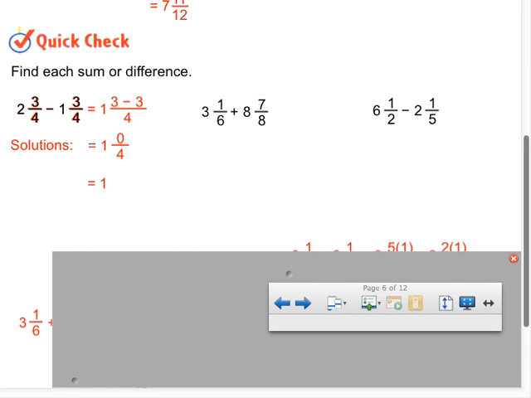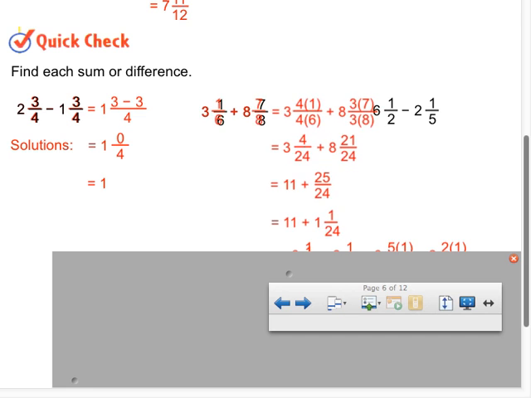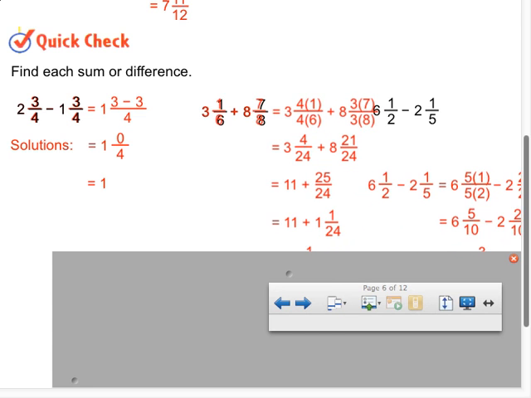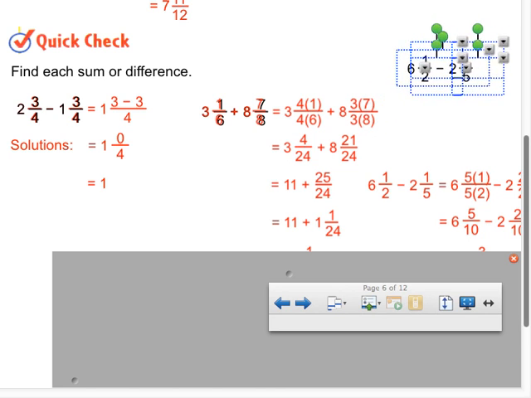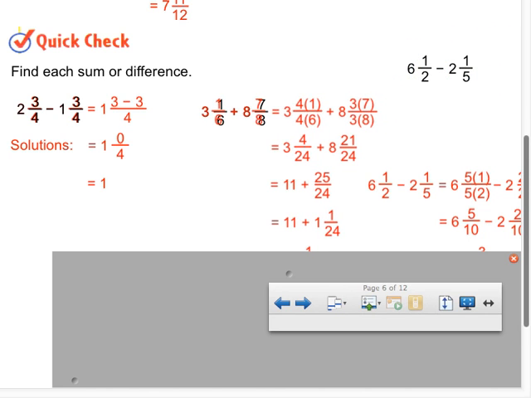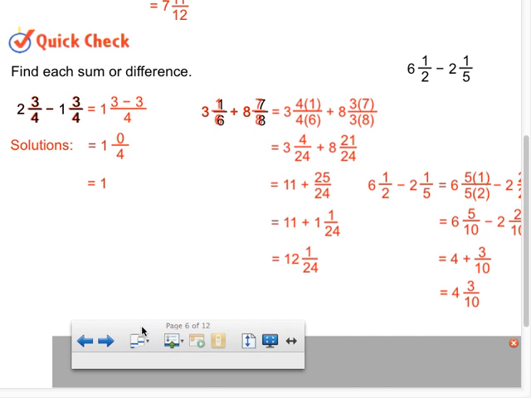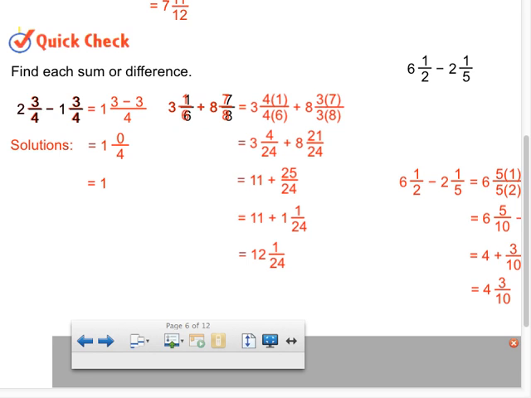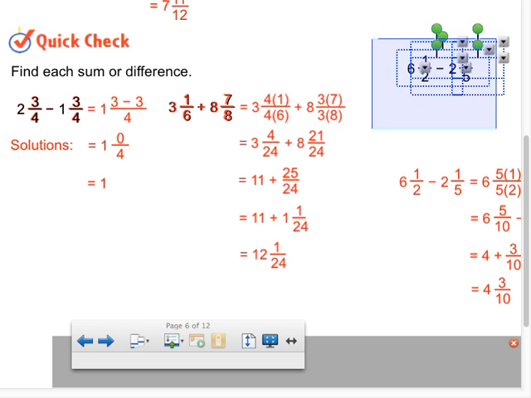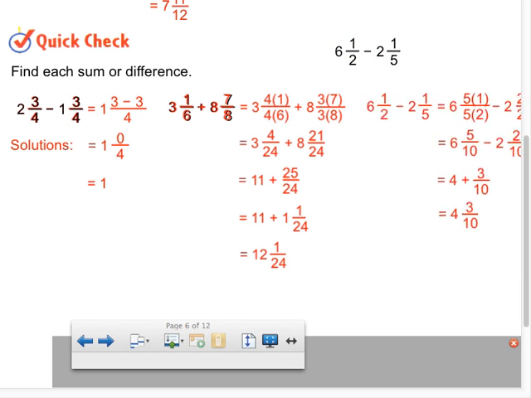Who thinks they have the answer? Taylor? 12 and 1/24. Let's see what we got. 12 and 1/24. Okay, and then this problem, 6.